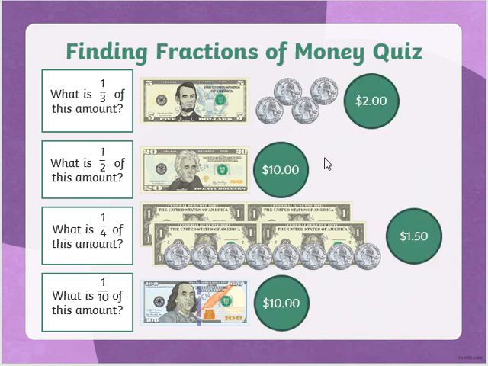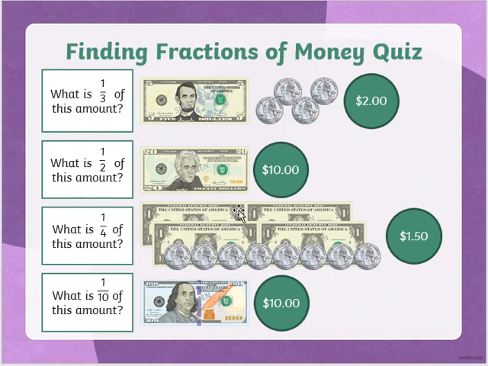All right. The first problem, you had 5 and 4 quarters, which is $6. 1/3 of 6 is $2. We can check it by saying 2 times 3 equals 6. 1/2 of $20 is $10. 10 times 2 equals 20.